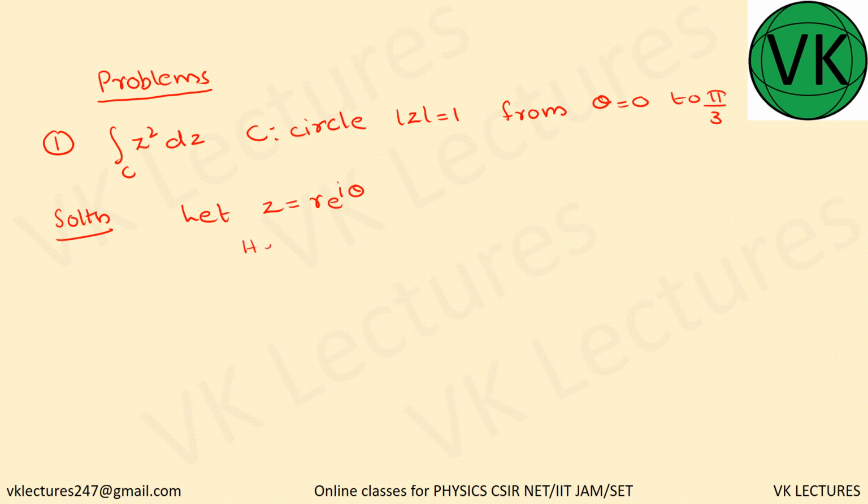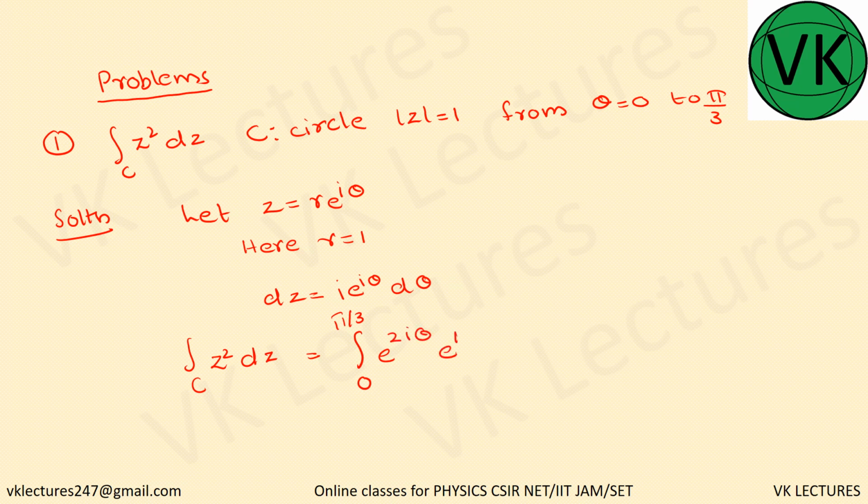Since here r is equal to 1, dz is equal to i e raised to i theta d theta. So integral c z square dz is equal to integral 0 to pi by 3 e raised to 2i theta into e raised to i theta into i d theta.